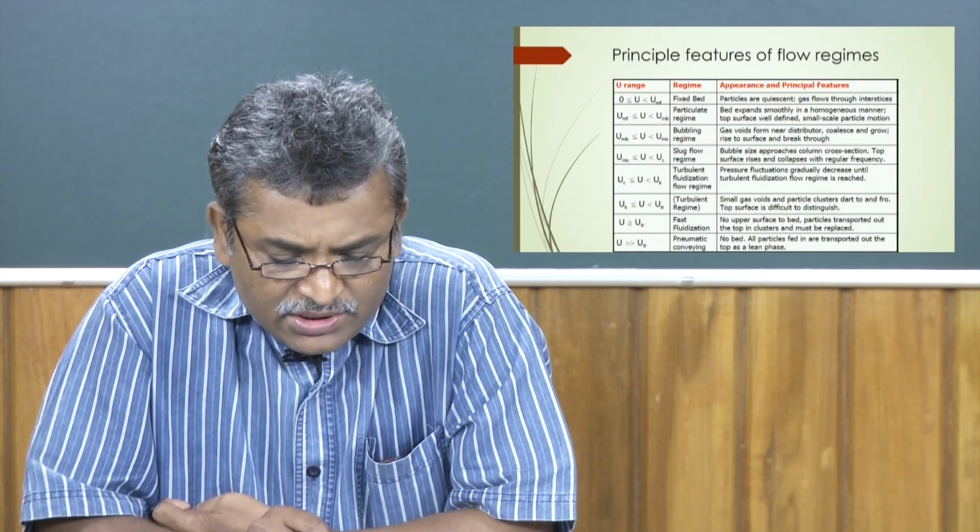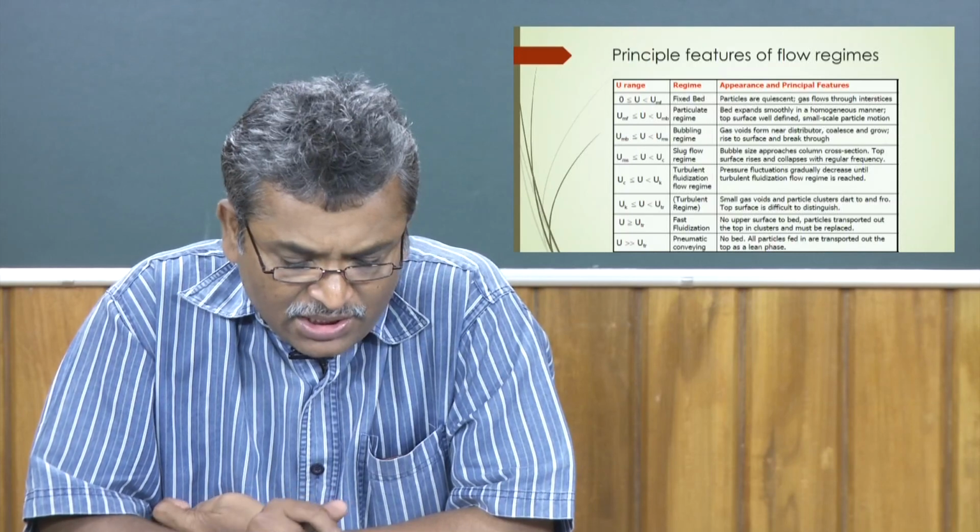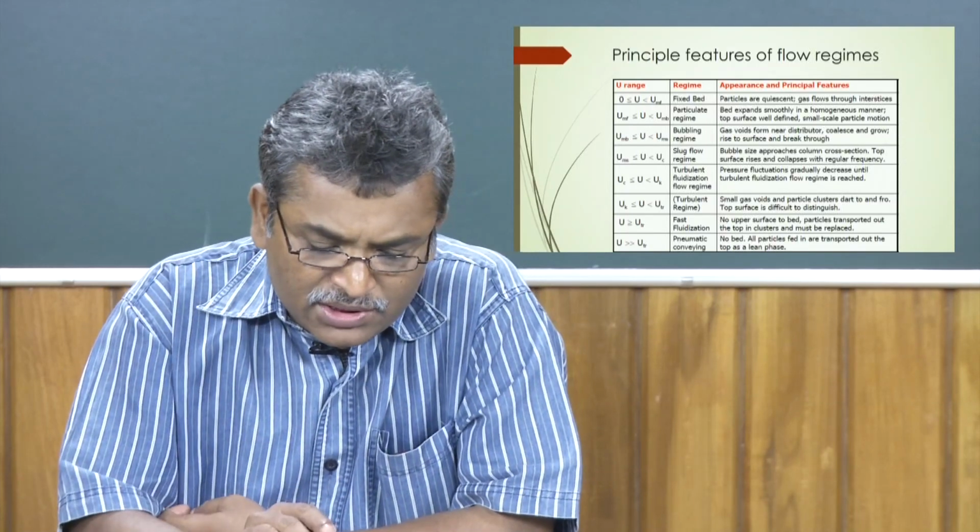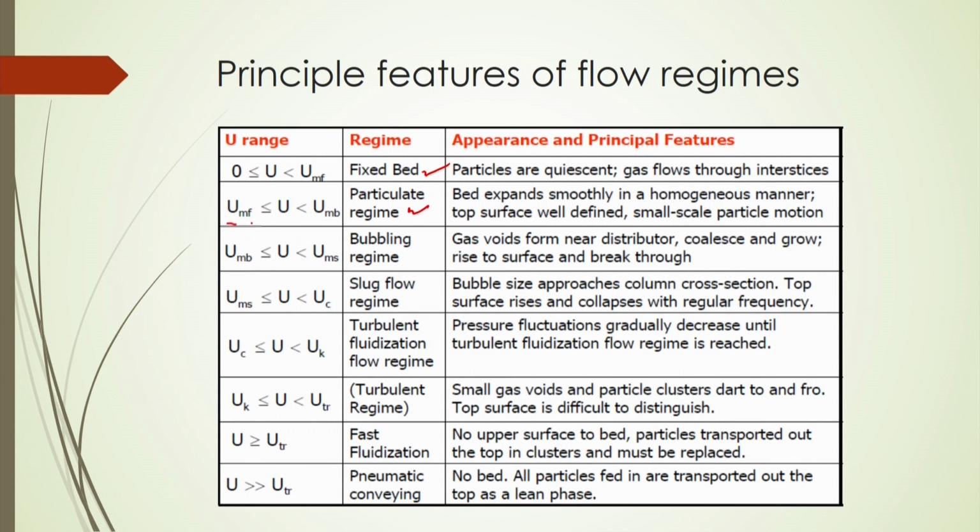Now, in this case you will see the principal features of flow regimes here. So, we are getting different flow regimes, like the fixed bed here, that is before fluidization, and particulate regimes, where there will be some region as you range the velocity. UMF is the minimum fluidization velocity, and UMB is the minimum bubbling fluidization velocity.